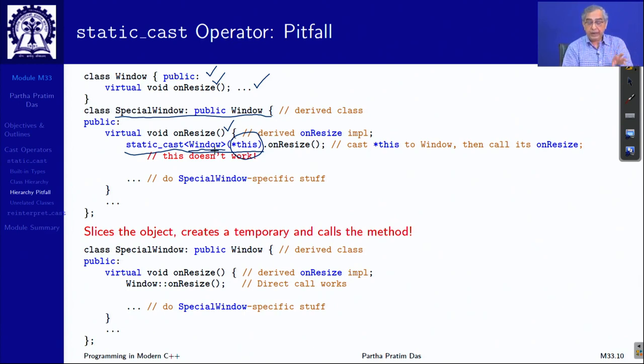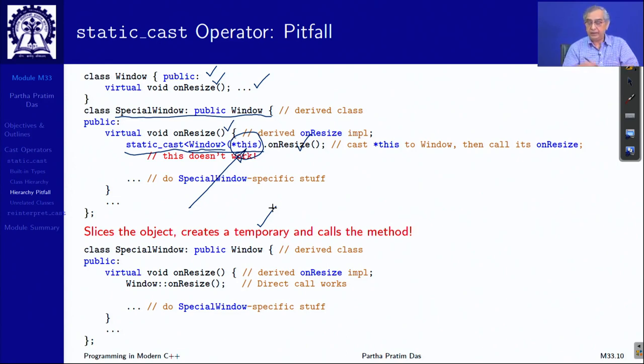So, the compiler creates a temporary and slices the base part of the special window object as a temporary window object, and on that it calls the method. It does not call the method on the current object.